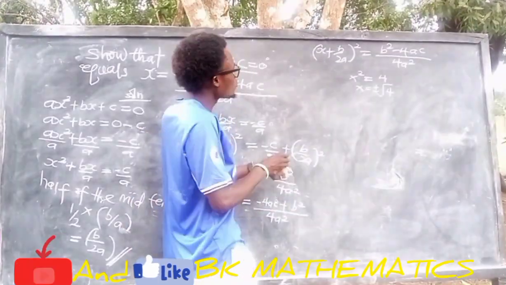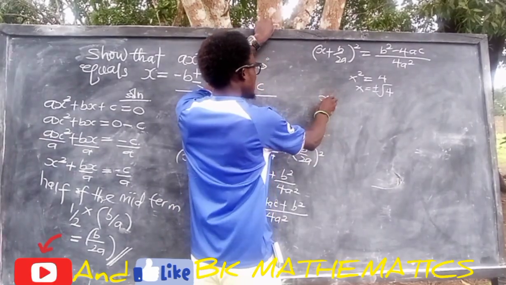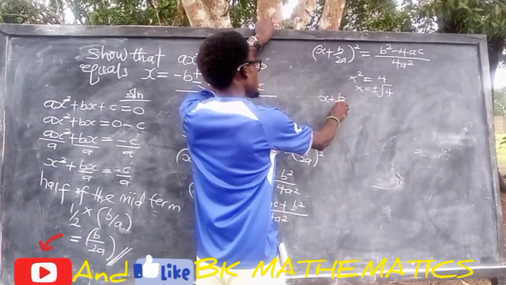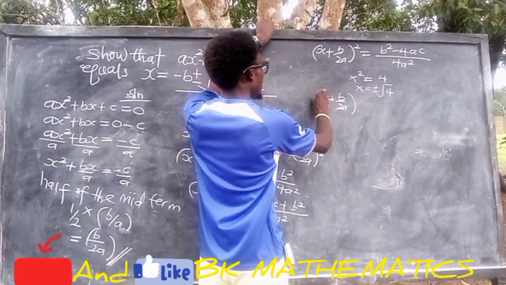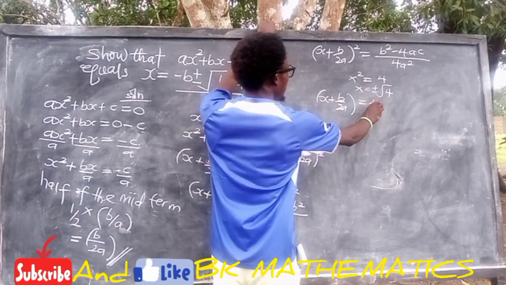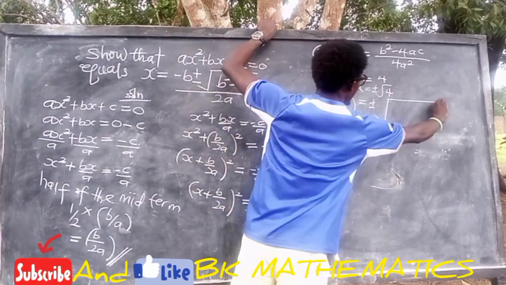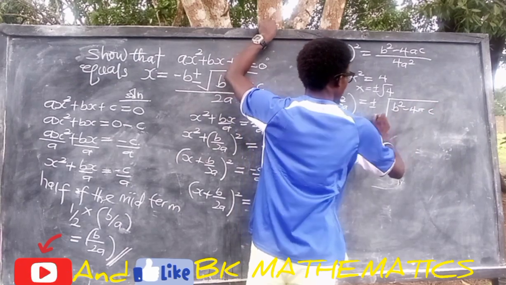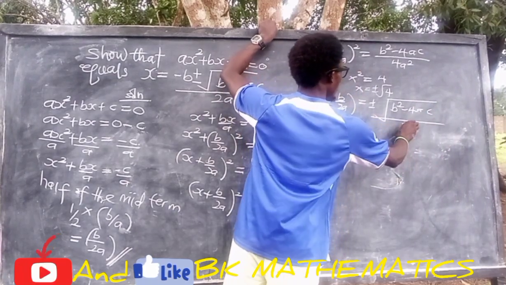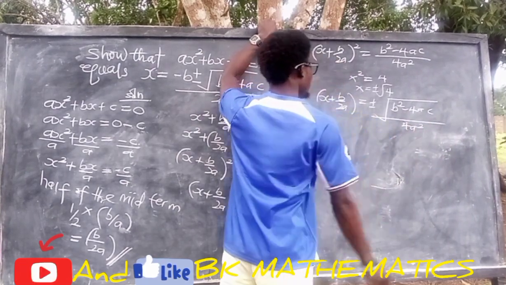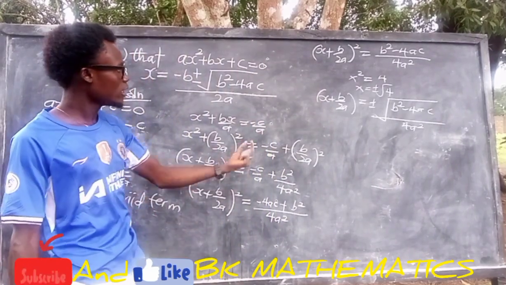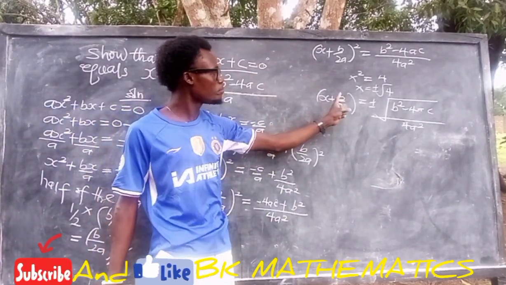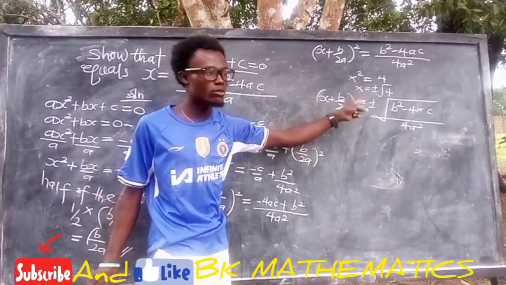Now we say x plus b upon 2a is equal to plus or minus the square root of b squared minus 4ac, everything over 4a squared. The same thing, let's move this b upon 2a to the other side of the equation.